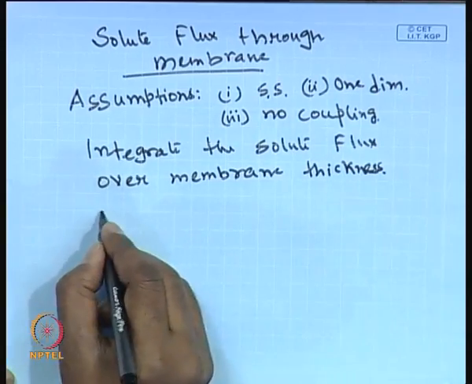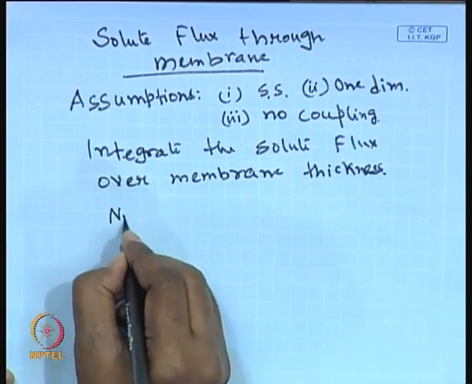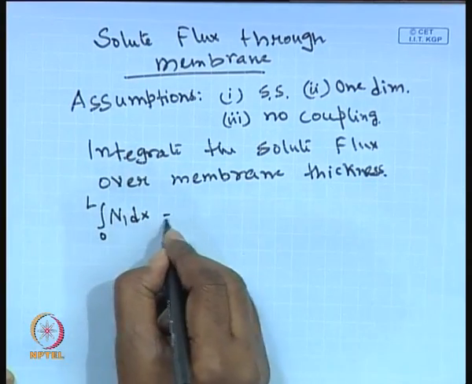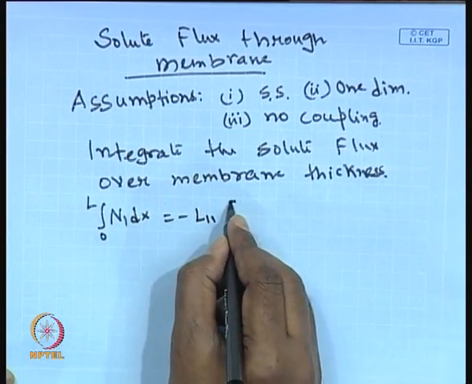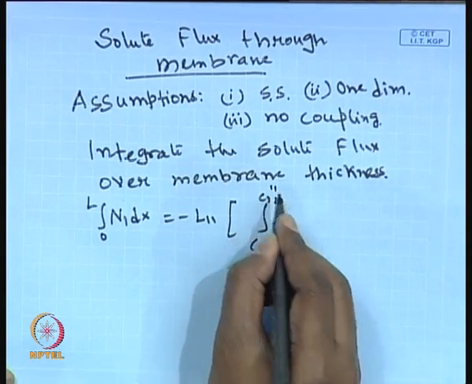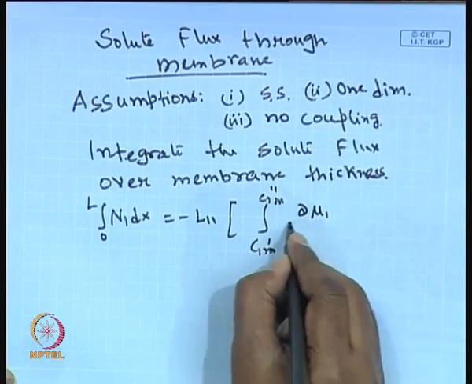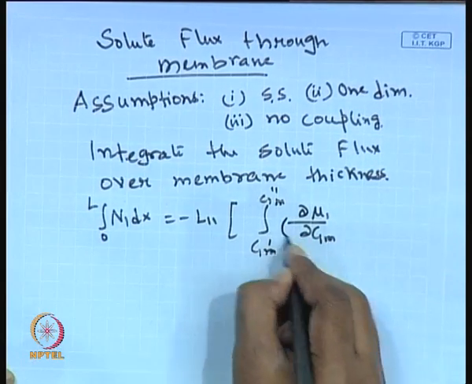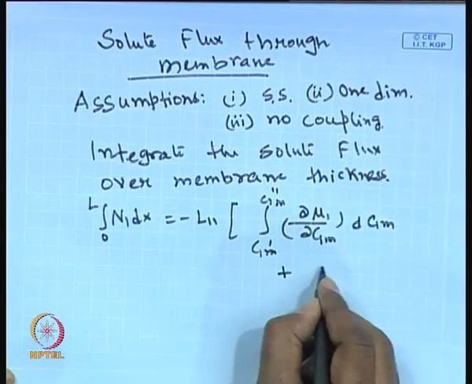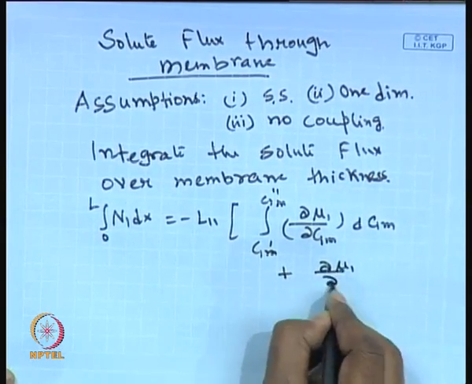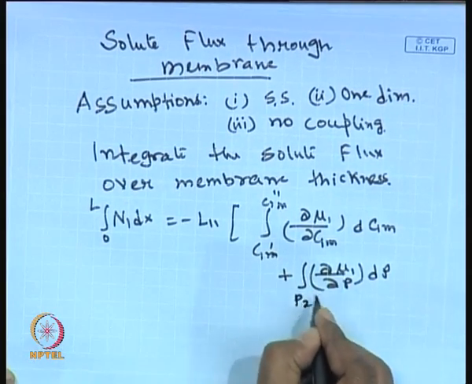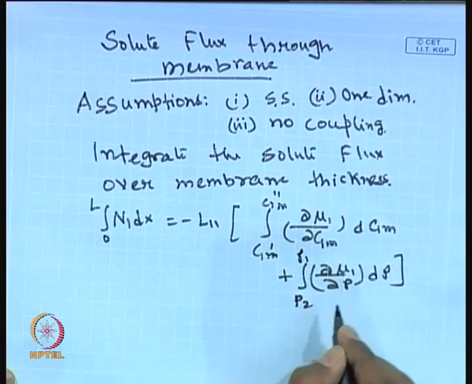If you do that, what you will be getting is the integral of N1 dx from 0 to L is minus L11 times the integral from C1m prime to C1m double prime of del mu1 del C1m dC1m plus del mu1 del P dP from P2 to P1. Okay.